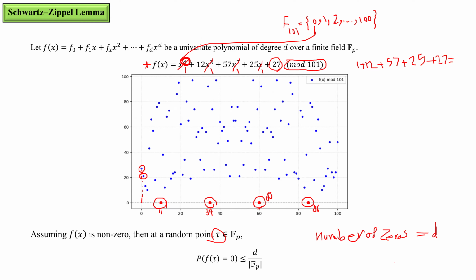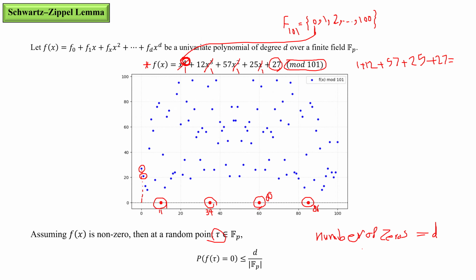So based on the definition of probability, the probability of that event happening equals the number of that situation over the whole situation, right?